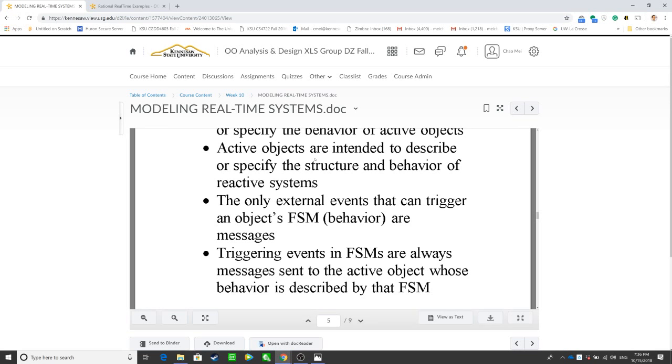And for each class, we will have a state diagram. Remember that? The state diagram is for the capsule or the class. They are the same thing. Class and capsule are similar, just another name, with some difference in active versus passive.